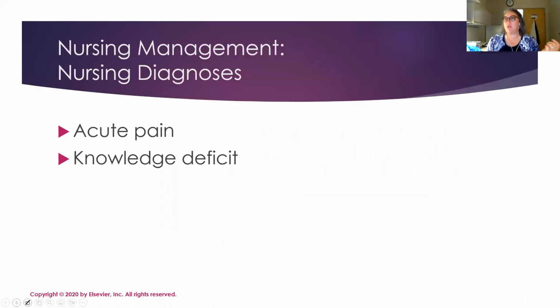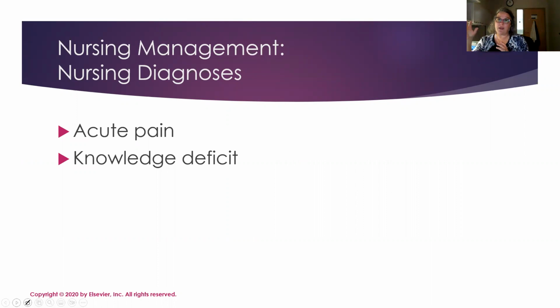All right. So two of the nursing diagnoses that we could really go through that are directly related to gallbladder, that apply to every sort of gallbladder situation: acute pain and knowledge deficit. There may be other ones that are associated on a case-by-case basis, depending upon how severe their gallbladder problem is and the cause for it.